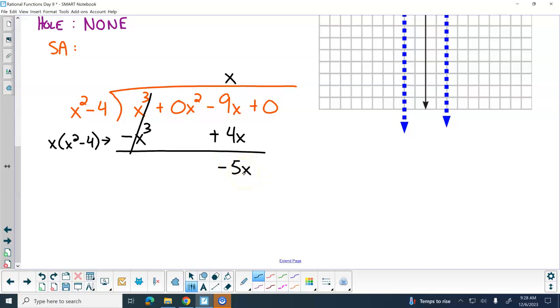Right? Is there any way to multiply x squared and it becomes negative 5x? Nope. So then this is going to be plus negative 5x over x squared minus 4.